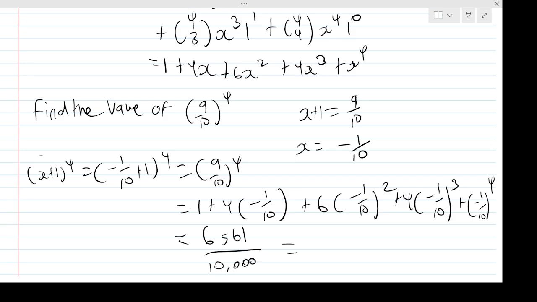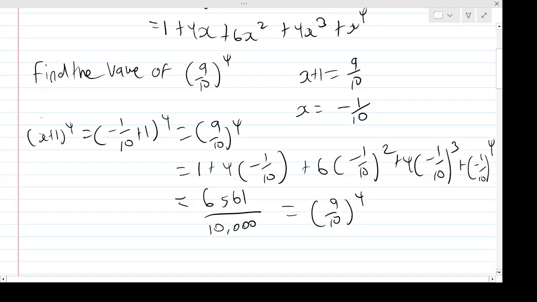And if you were to put (9/10) to the 4 in the calculator, that's equal to the same. So actually, we do get the full proper answer. Okay, cool. So that's how we'll be using our expansions. We can use it in that way to find particular values.